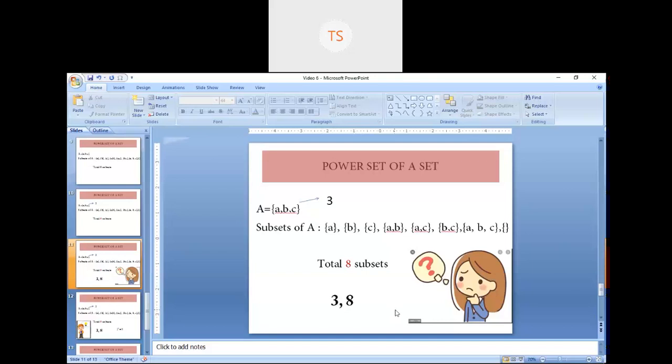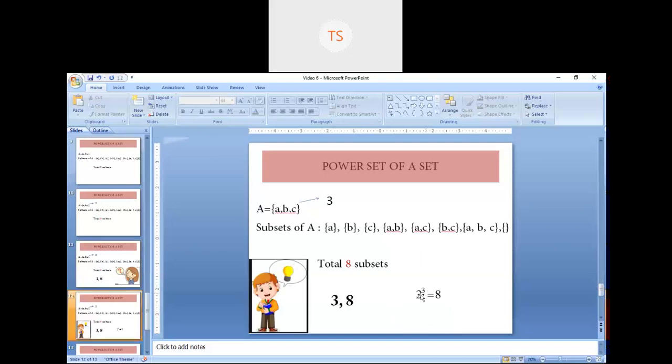If I write 2 cube is equal to 8, that means if you multiply 2 three times you are getting 8. In this way I can connect 3 and 8, and this 2 is fixed. So 2 cube is equal to 8.